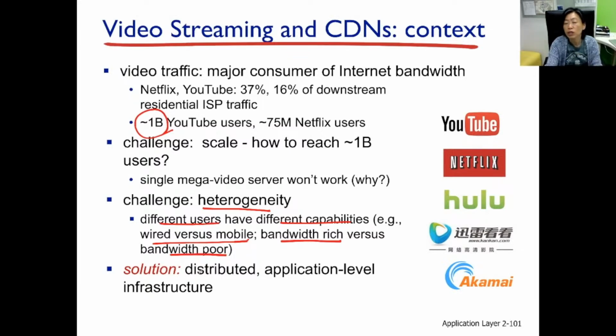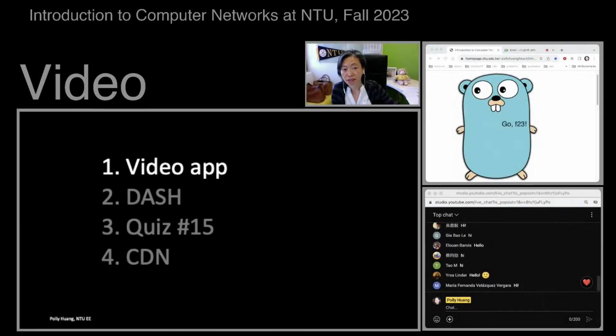So to address the demand, to address the heterogeneity in these users, the solution is to use CDN, which is a distributed application level infrastructure. We'll definitely talk about CDN more later. So keep in mind this term, CDN. There's a distributed network of servers, just like DNS, but the architecture is quite different.